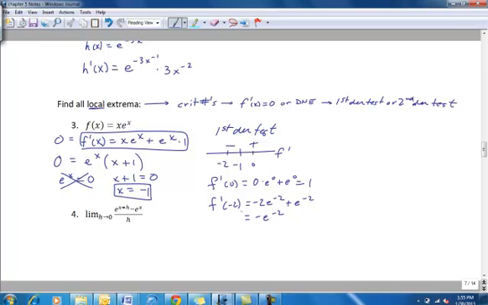So we'd write maybe a final statement. We'd say f prime changes from negative to positive at x equals -1. Therefore, x equals -1 is a relative minimum of f.